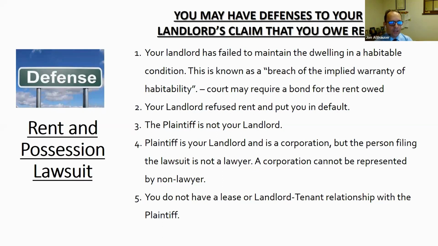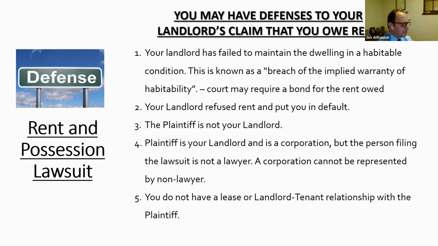So if you're going to withhold rent because of the habitability issue, it's best to make sure you have the money and not spend it on other things. Now, that's not always possible, I understand that, but if you go to court and raise this affirmative defense, the judge could say, well, unless you post the money for what you owe, I'm not going to let you raise that as an affirmative defense.